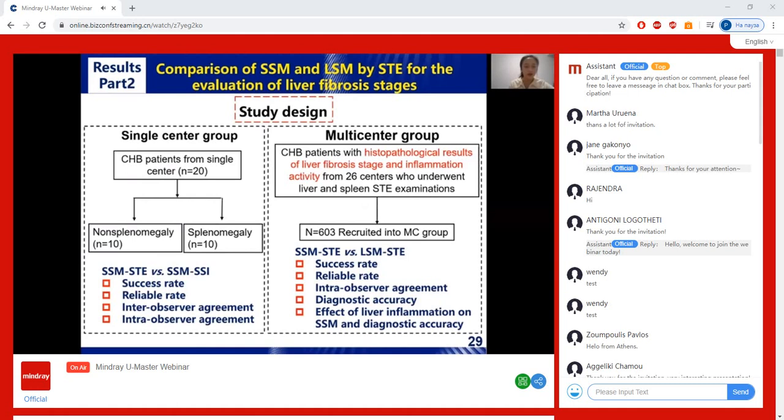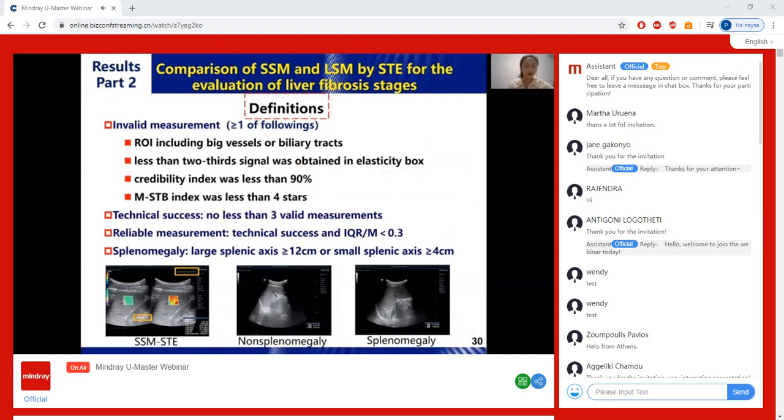And the feasibility and reliability of spleen stiffness measurement performed by STE were compared with spleen stiffness measurement performed by supersonic imaging and the liver stiffness measurement performed by STE, respectively. Definition of invalid measurement, technical success, reliable measurement, and splenomegaly were made according to previous studies.